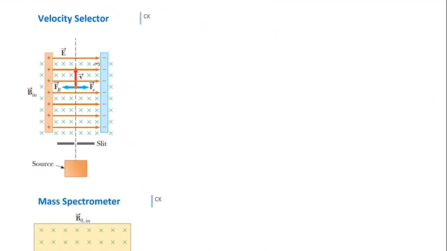Good? So this thingy, I'll put the cross product, q v cross B. Good? And at the moment, the magnitude is just qvB because the angle is 90 degrees. Good? Now, what is the force of the electric field?